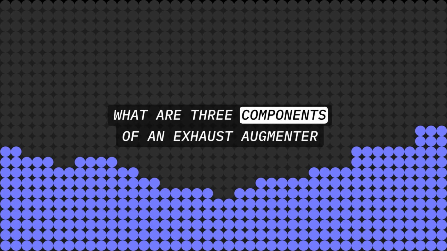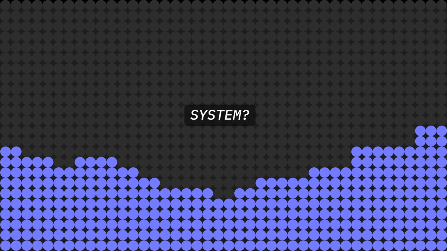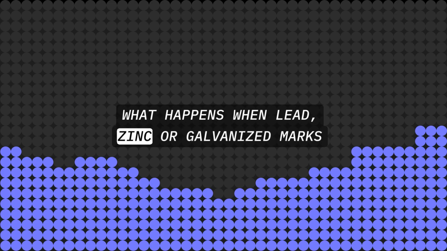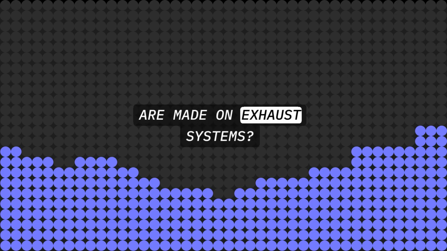What are three components of an exhaust augmenter system? Bell mouth, sleeve, and vanes. What happens when lead, zinc, or galvanized marks are made on exhaust systems?